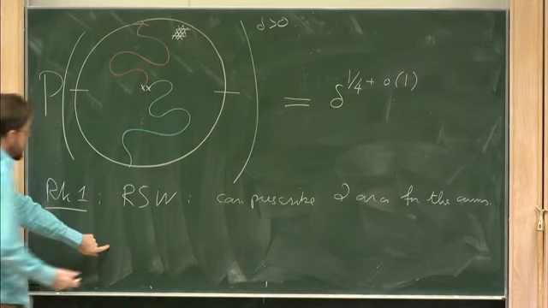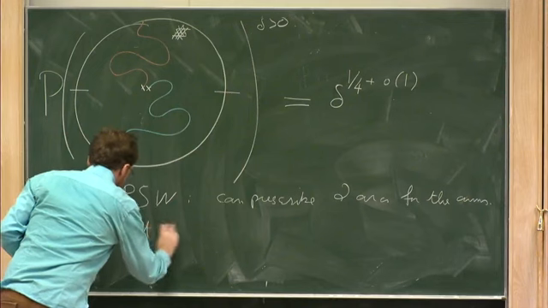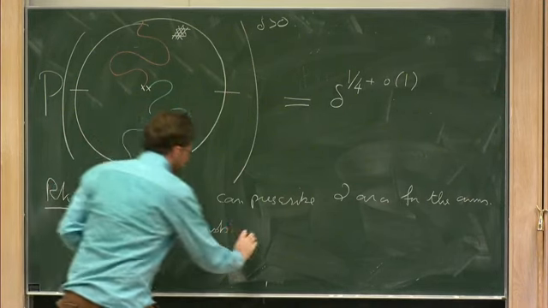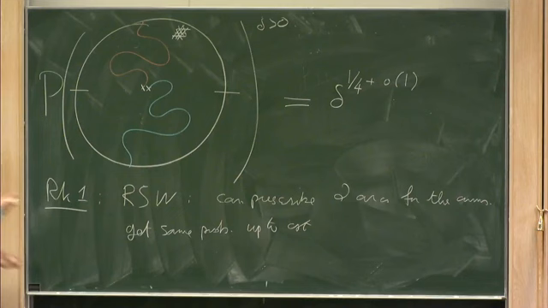The probability that we get for this event, with additional constraints to exit on these pieces of the boundary, has the same probability as the unconstrained one up to constants, which essentially come from the Russo-Seymour-Welsh theory. So that's the first step.